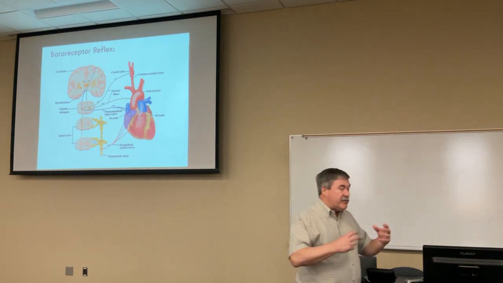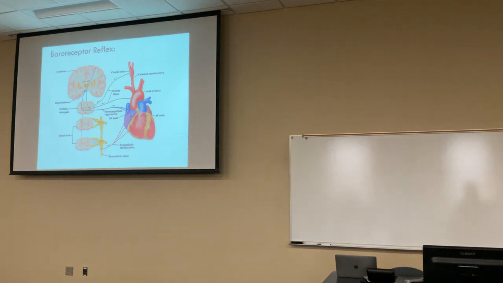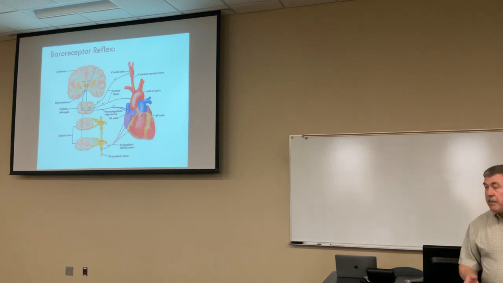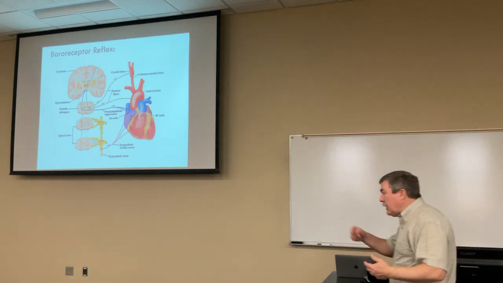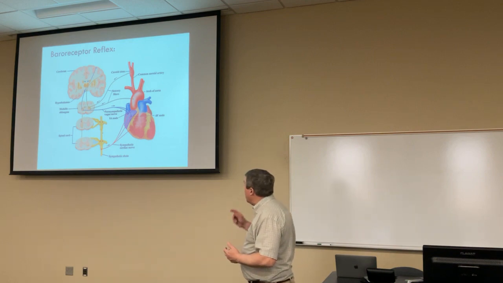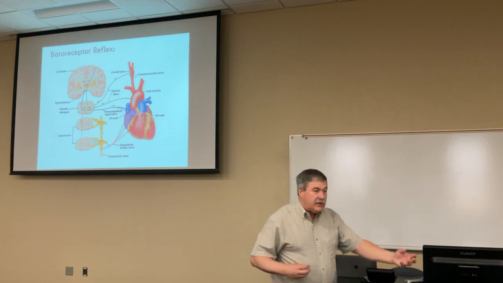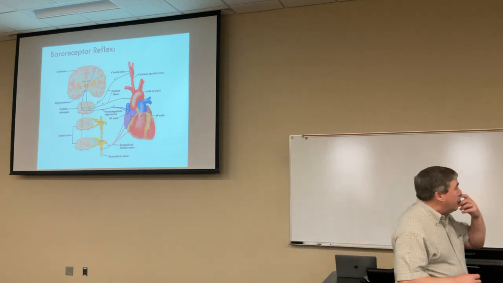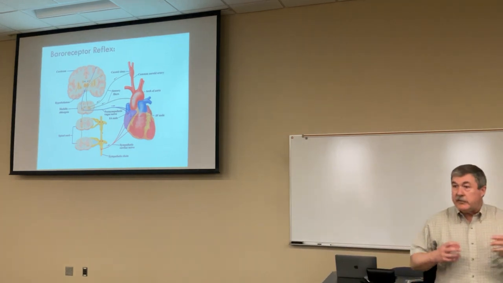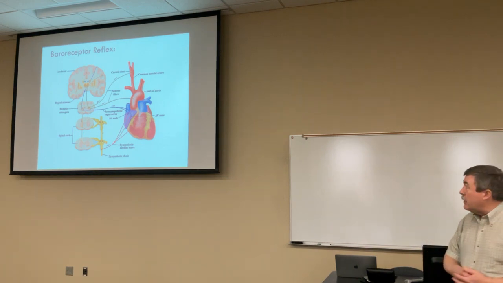Now, if blood pressure falls too low, then just the opposite occurs. If blood pressure is too low, the baroreceptors aren't stretched as much, so they decrease their rate of firing of action potentials. That decreased rate of firing is relayed to the vasomotor center via the vagus and the glossopharyngeal nerve, which are cranial nerves 10 and 9.